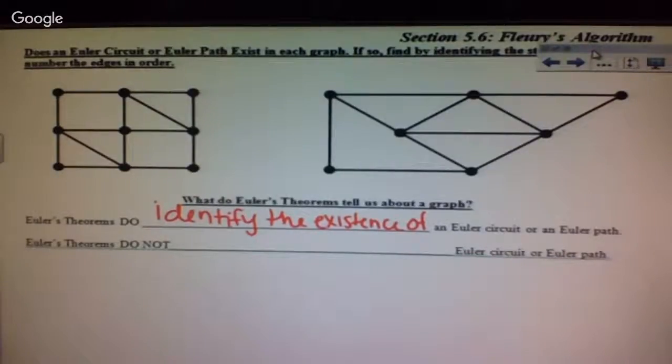So it will tell you, yes, you have one, or no, you don't. What they do not do, though, is find a specific path or circuit. It will tell you, yes, I have one, but it's not going to find it for you. You're going to have to do that leg work on your own.